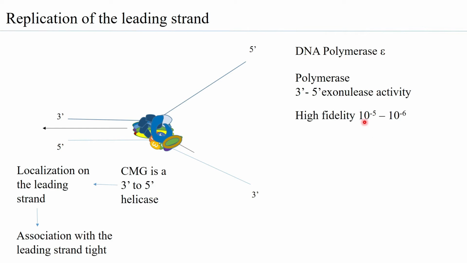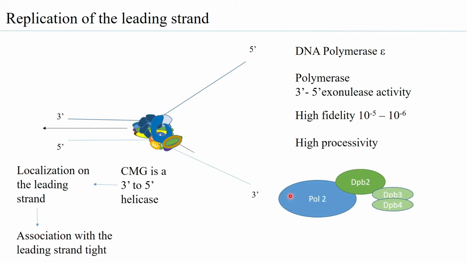Its fidelity is as high as 10 raised to minus 5 to 10 raised to minus 6. That is, a wrong nucleotide is added only once per 10 raised to 5 to 10 raised to 6 nucleotides. It has, of course, a very high processivity on its own, and binding to the PCNA increases it further.